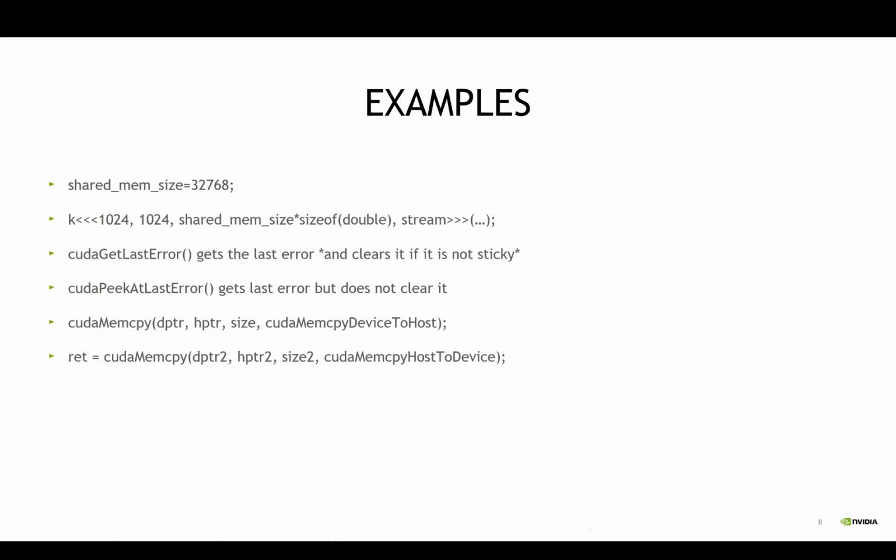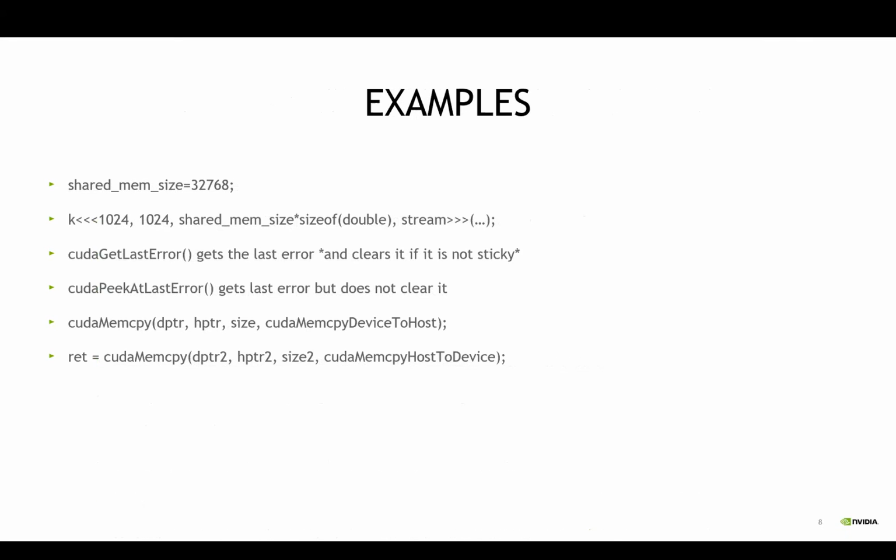So what I'd like to do now, I'm getting towards the end of my error checking section, is talk about some examples, and then I'm going to pause for a moment in a few minutes and see if there are any questions. So let's imagine that in my host code, I set a variable called shared mem size equal to 32,768.